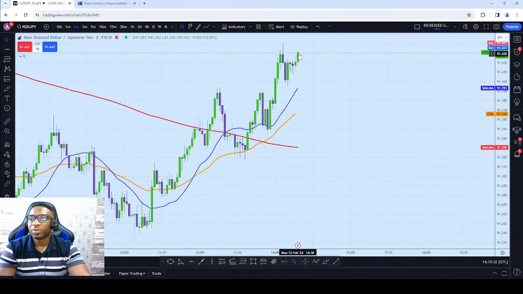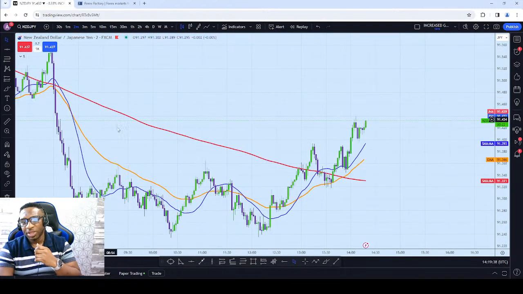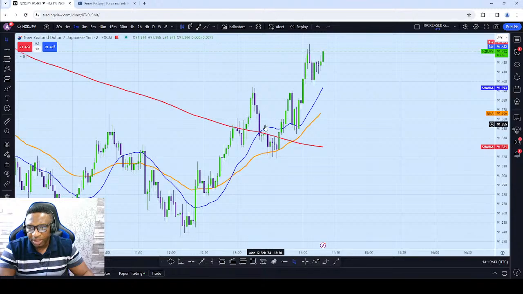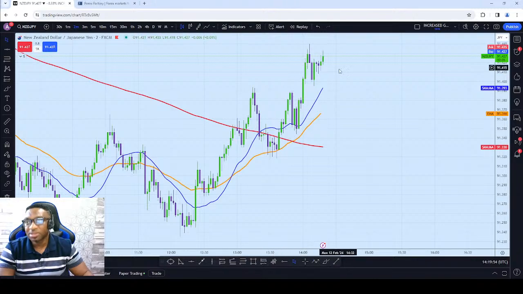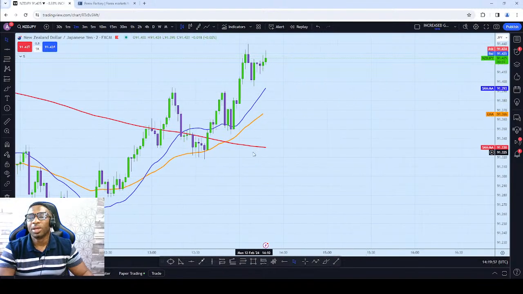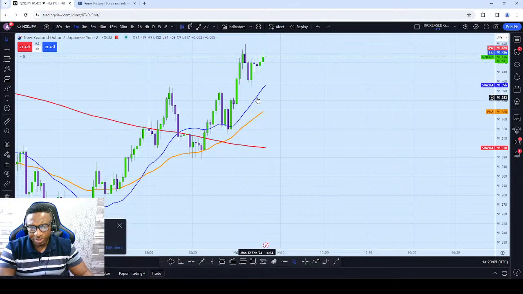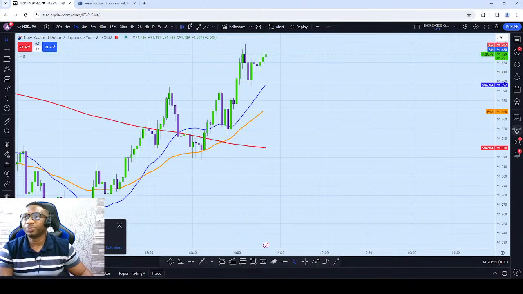So I will consider, if it drops below here, to continue the downward trend, but where it is, I wouldn't take a buy. I would have been happy to buy from here to where it is. So we take our profit at the wide state, but where it is now it's too far off. If I want to buy this, then it has to come near the 20 moving average. Then I will consider taking a buy, but where it is now.